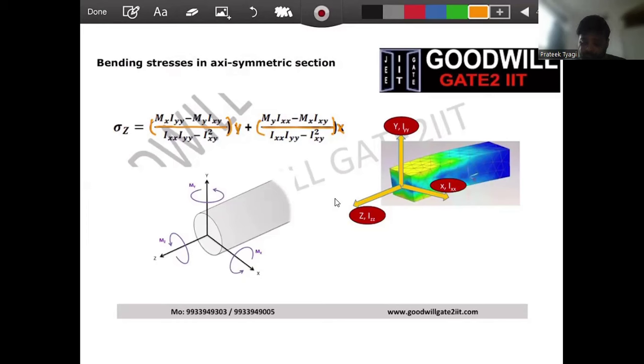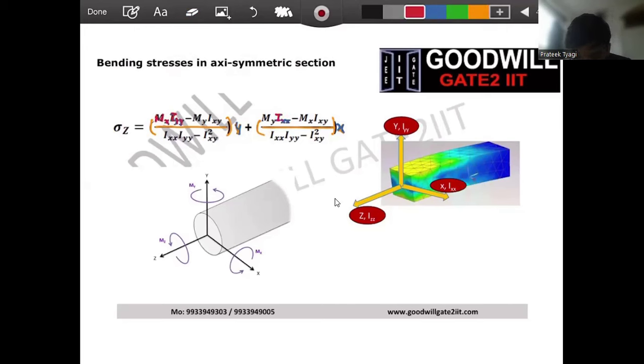So you just write these terms. Then once you see y here, you first write your Iyy. You see x here, you write Ixx. All right. Then once you have written Iyy, then you write the opposite moment, Mx.